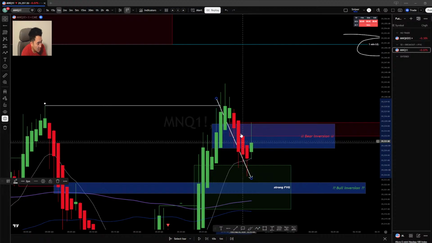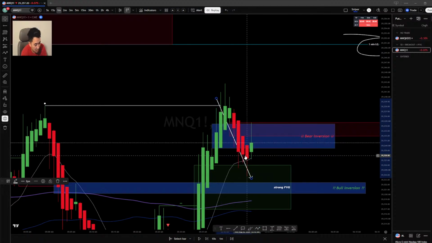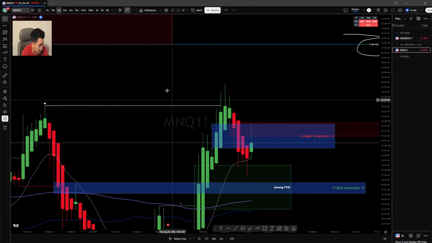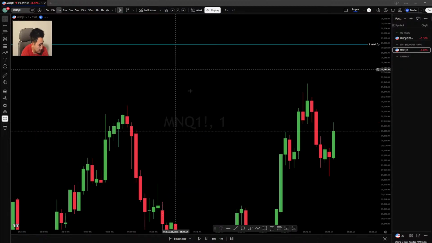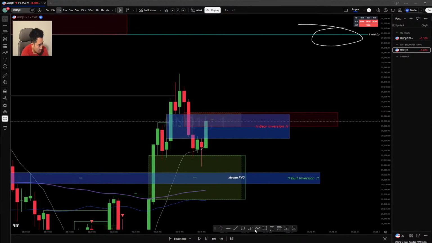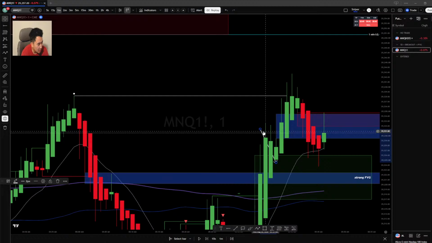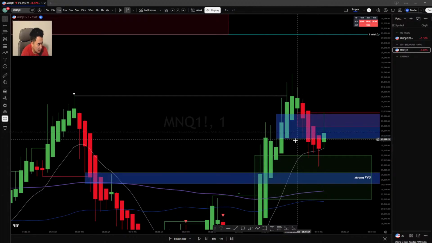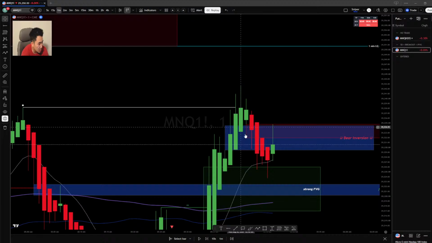I want to see at least a red Heikin-Ashi pullback to the zone here, right? This move here that pulled back into this gap, if you go on the 1 minute, I don't see any red Heikin-Ashi candles, right? So that tells me that wasn't a deep pullback. So I want a deeper pullback.